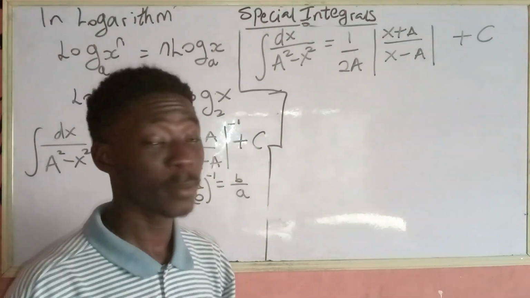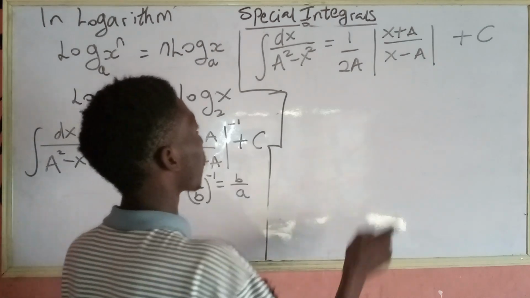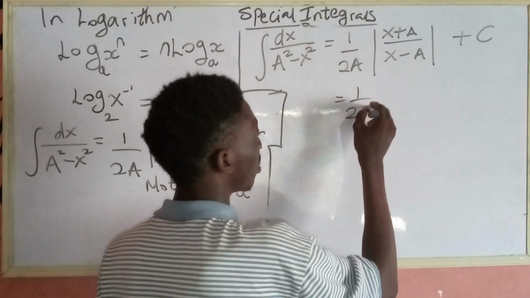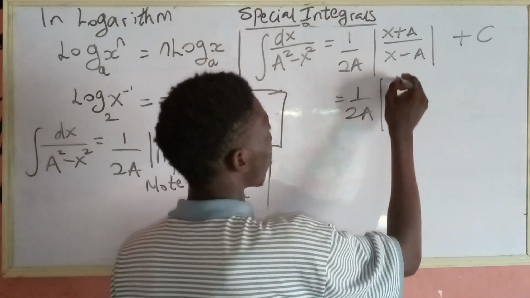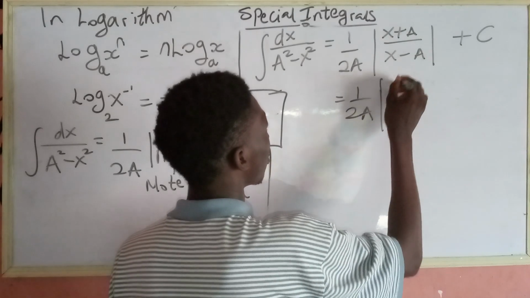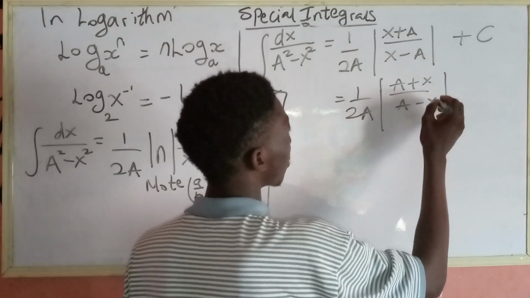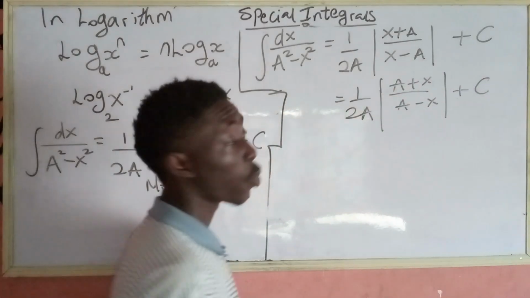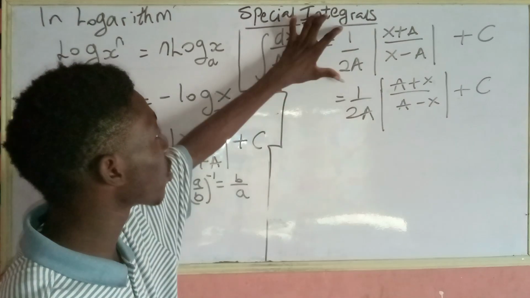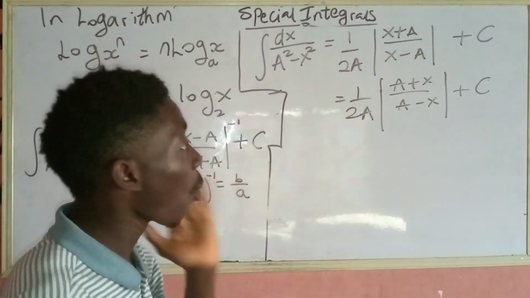Also, though most times people like having it in this form: 1 over 2a of a plus x over a minus x plus c, which I also love. So you can write it this way or you write it this way. They are the same thing. Why?